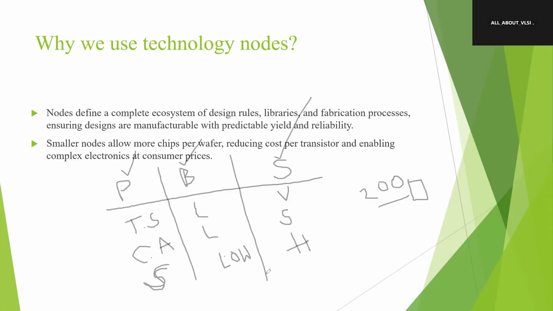And coming to cost, you guys know about this. For bigger nodes, cost is low, and for smaller nodes, cost is extremely high, right? Nowadays, you're using smaller nodes only for better performance.